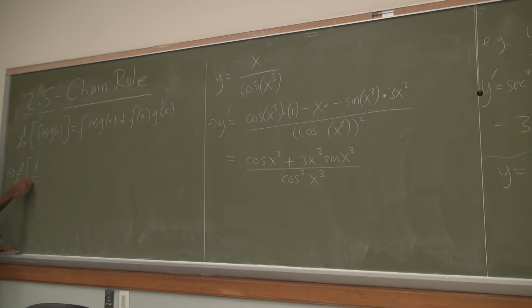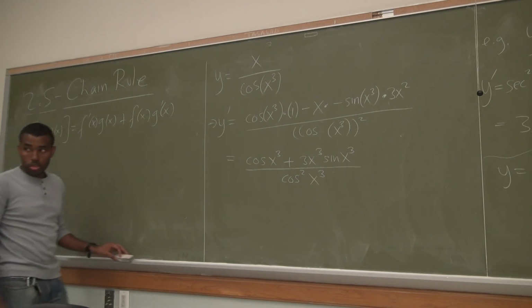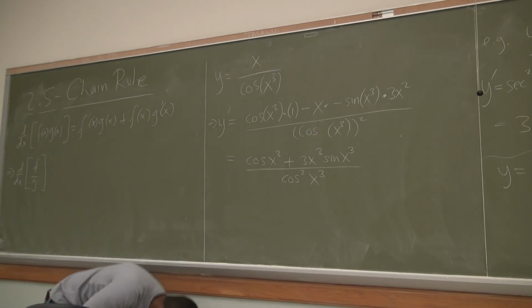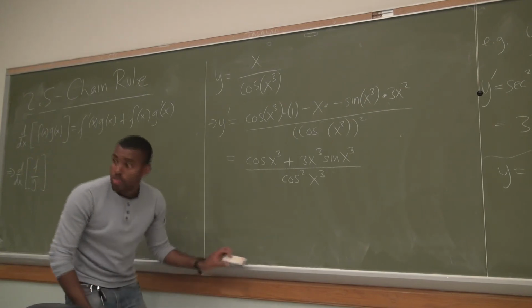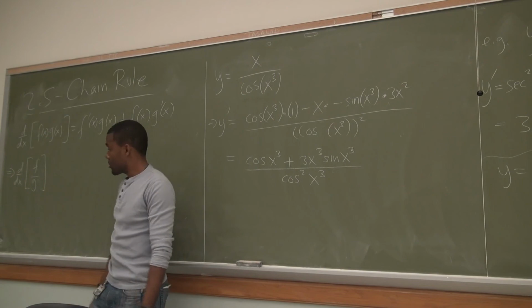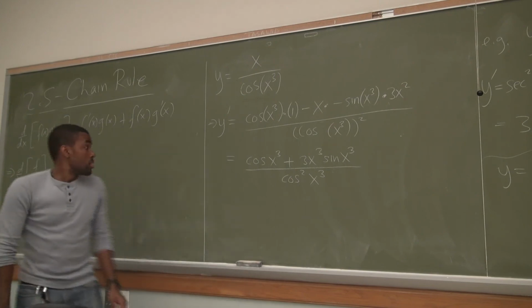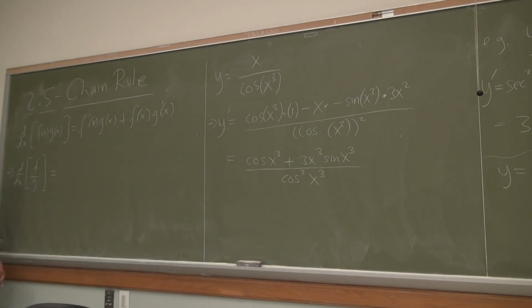If I have f over g, we pretend we don't know the quotient rule. We only know the product rule and the chain rule. How do we get the quotient rule?